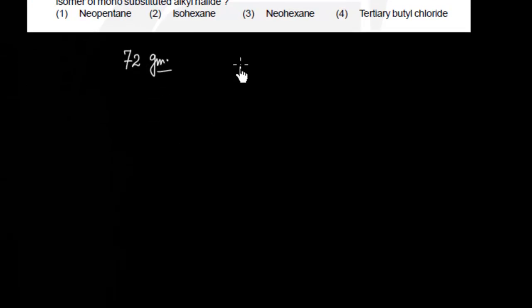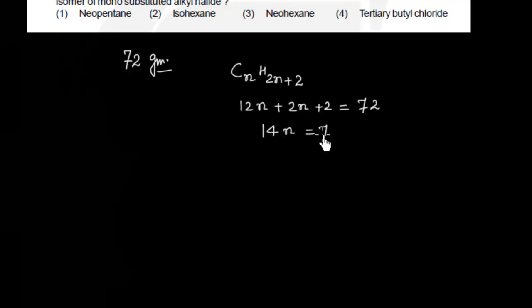The corresponding formula is CnH2n+2, a general alkane. So the molecular weight will be 12n plus 2n plus 2, which equals 72. From here we find 14n equals 70, so n equals 5.